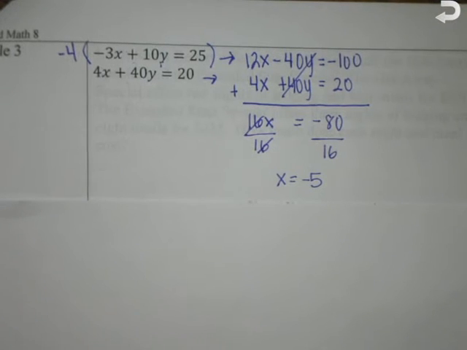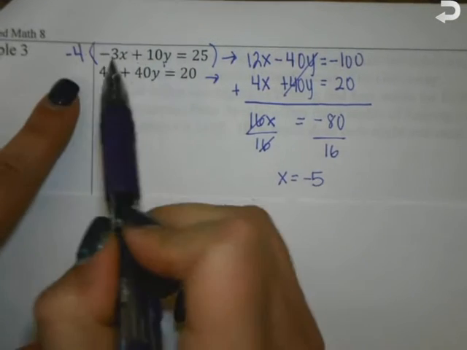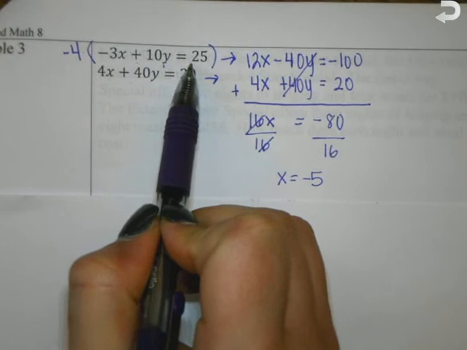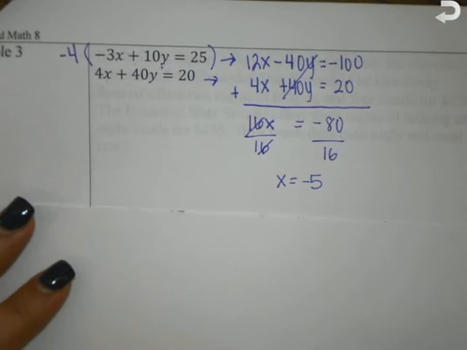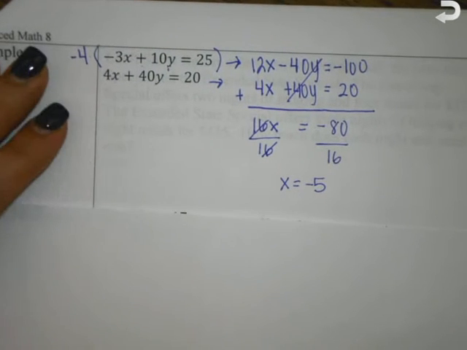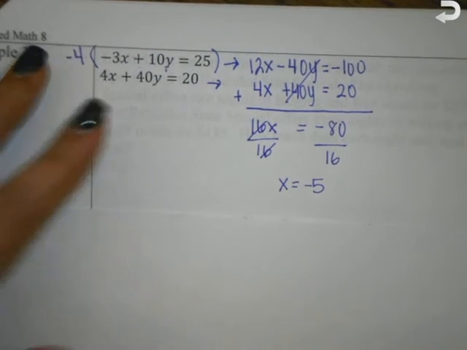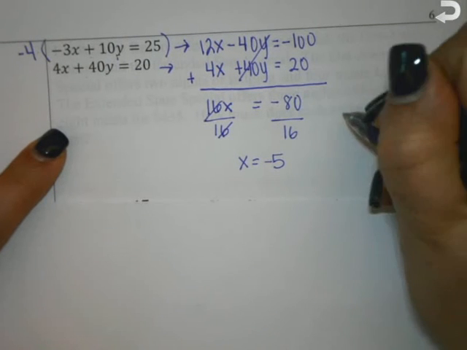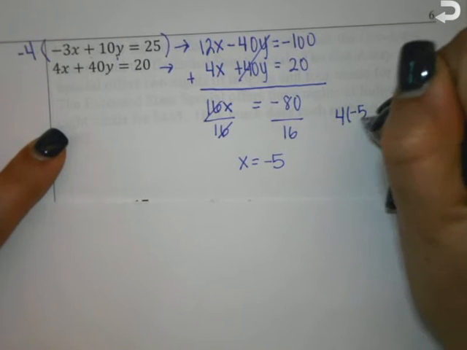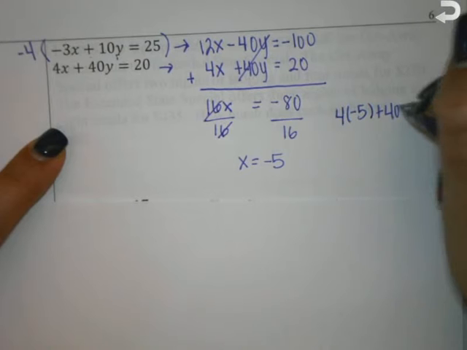Okay, so then to solve for y, what do we need to do? Plug it in. How many of you plugged it into the first equation? How many of you plugged into the second? Okay, we'll go with the second since that's what a majority of you did. So that's going to be 4 times negative 5 plus 40y equals 20.